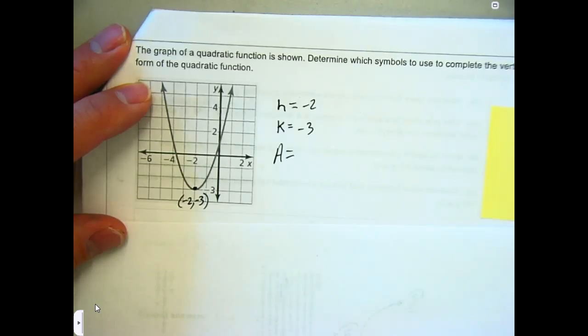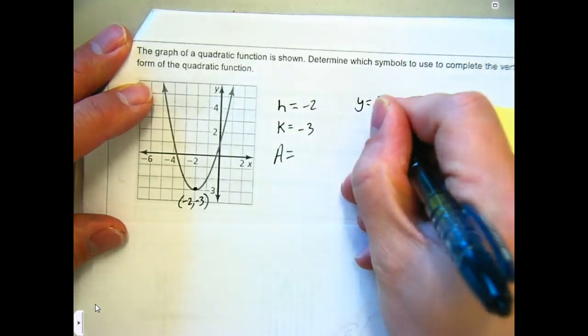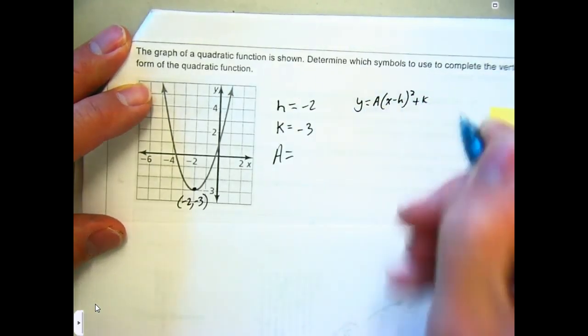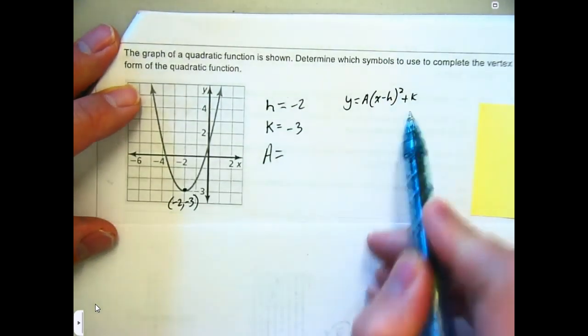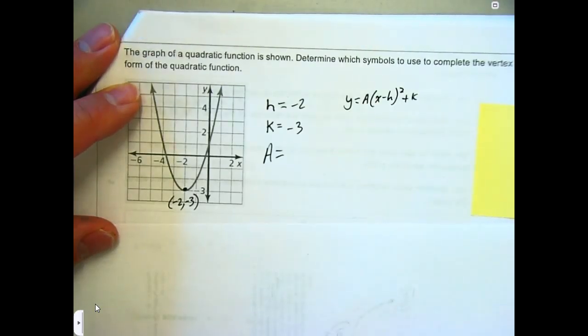Quinn? You could. Okay, you could go through the same process we just did. That would be completely fine, but there's a quicker way if you have a graph.